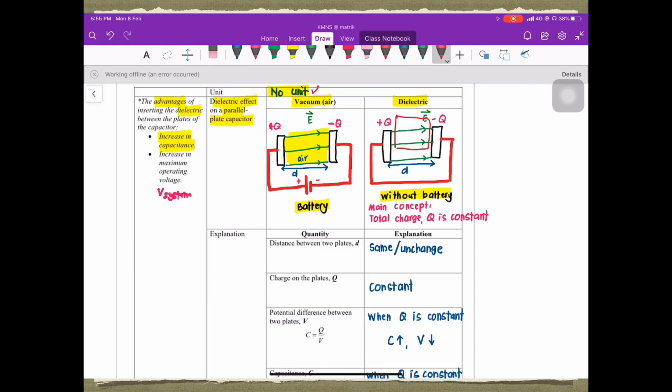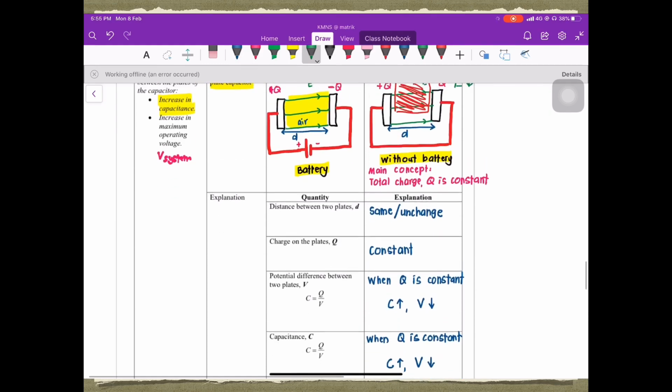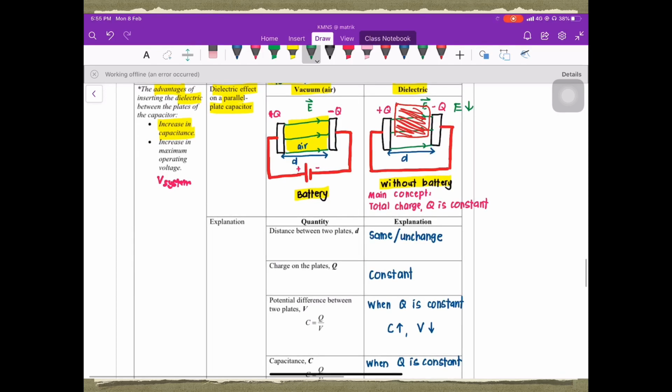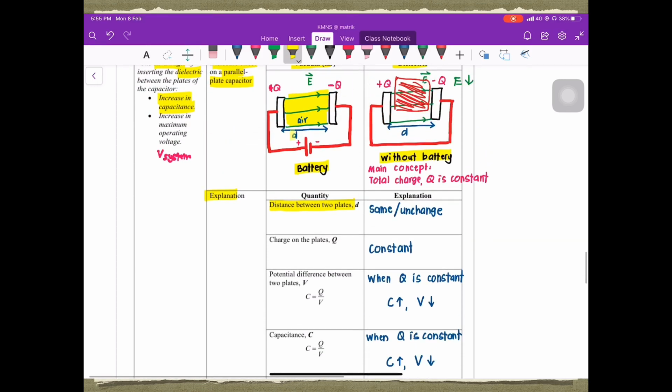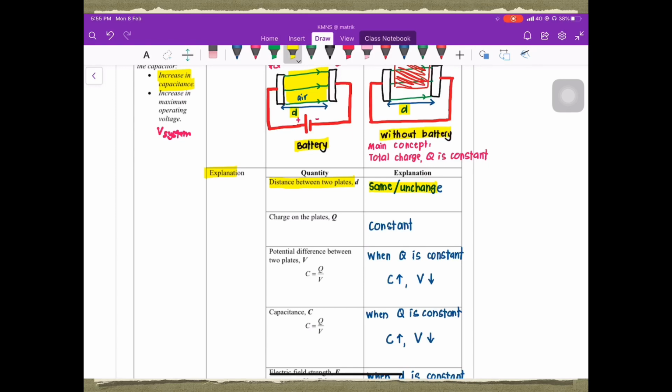So what happened to the charge, with battery and without battery?